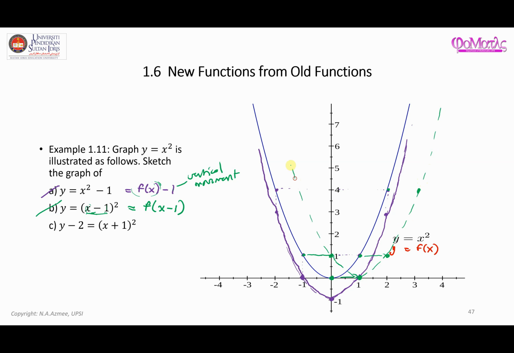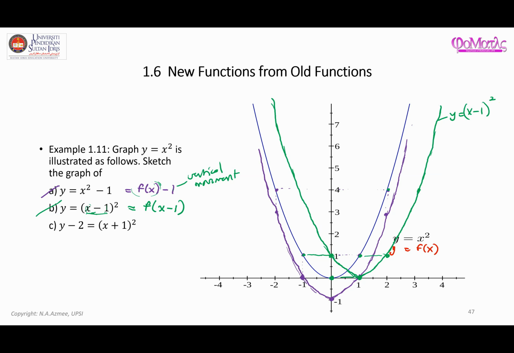So maybe it looks like this, more or less. I'm just going to try and get a smooth curve out of this. There you go. This is really challenging. Something like that. So this one is y is equal to (x minus 1) squared.